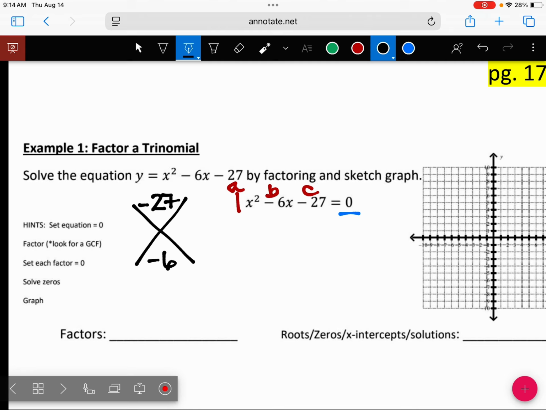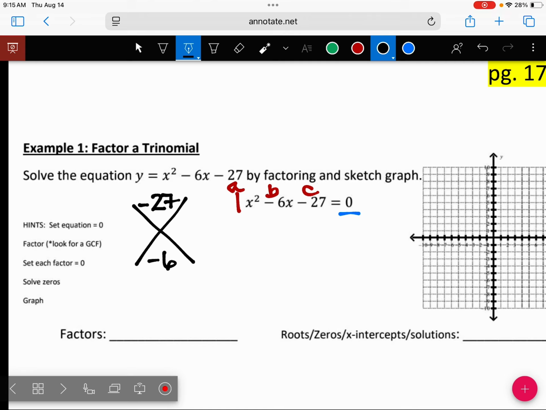If you look at your pink chart, go ahead, take those out. If you're not real strong with your multiplication table, that's okay. That's why I gave it to you. Look to see where there is a 27. Thumbs up when you think you know. I'm not going to call on you. I just want to see where we are at finding these numbers, because finding these numbers is really important.